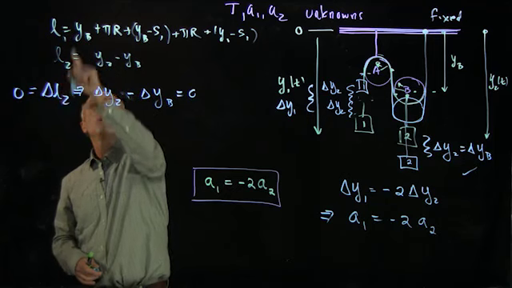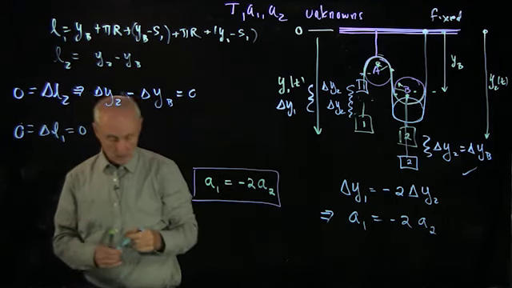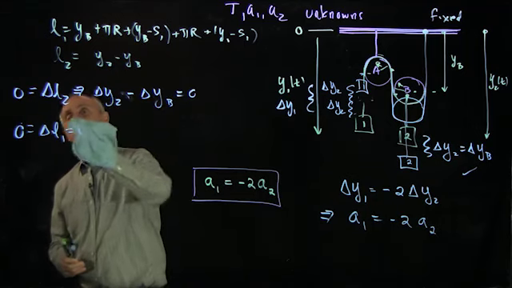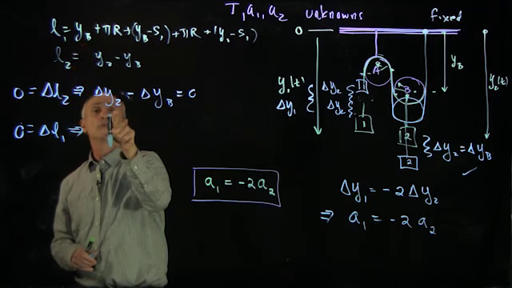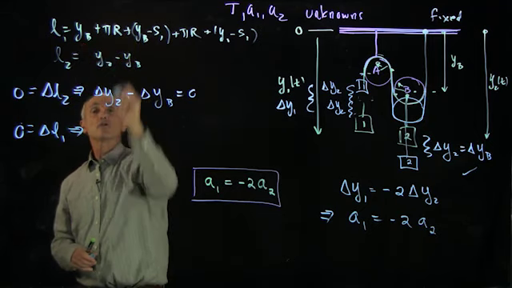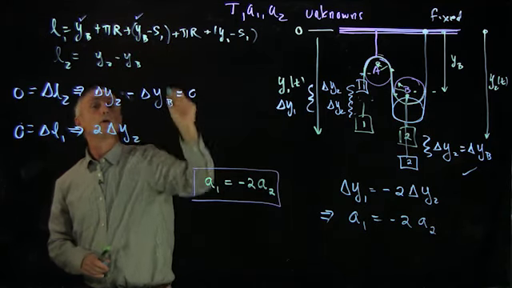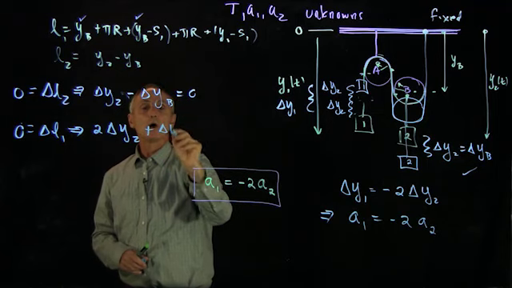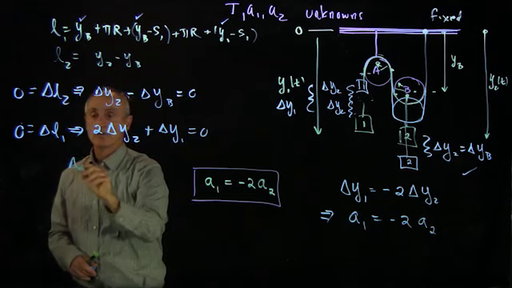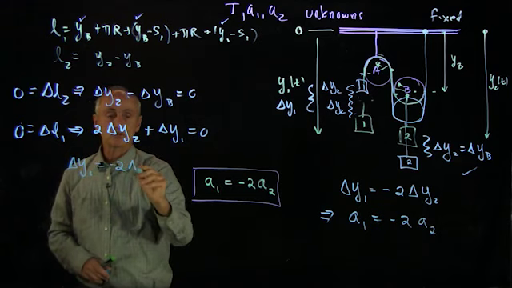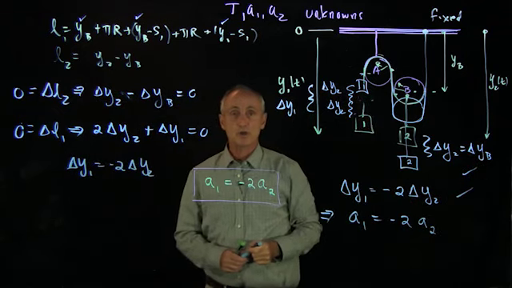And up here, we see that because delta L1 is also 0, this implies, and now I'll make that substitution, that delta yb is equal to delta y2, that 2 delta y2 here and here, plus delta y1 has to be 0 coming from that piece. And so we see that delta y1 is minus 2 delta y2, which is what our virtual displacement argument showed us.